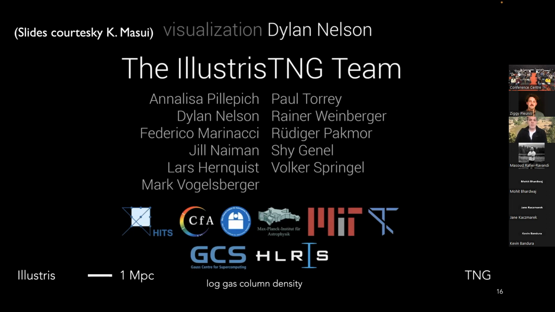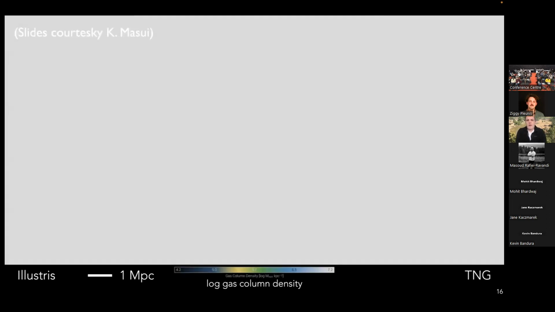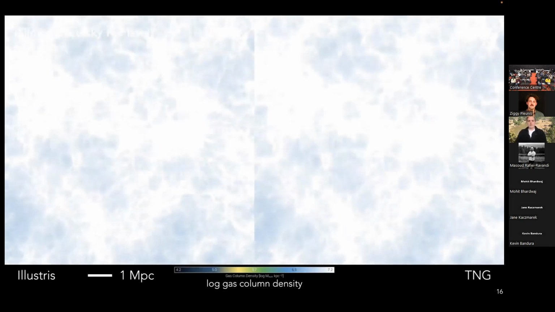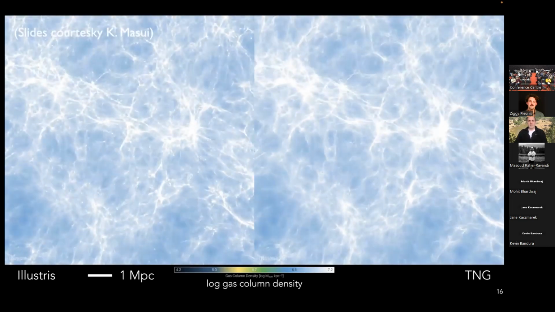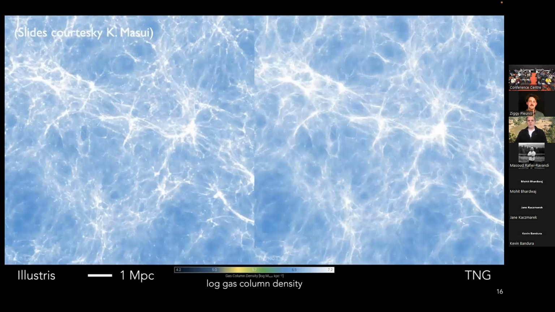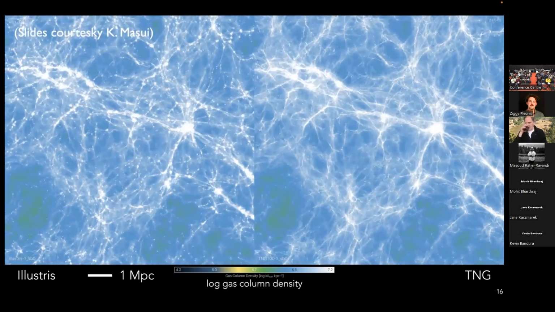So the same team, same starting conditions, they've just updated their feedback mechanisms, and we'll see just how different the universe looks. And given that these are recent state-of-the-art simulations, a few years apart, it gives an idea of just how uncertain what the universe actually looks like is with our current understanding.